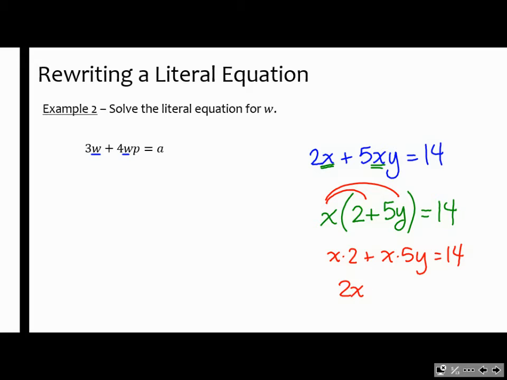Rearrange this to x and 5xy equals 14. So you can see that this step called factoring is the opposite of the distributive property. So factoring is the inverse of distributing.